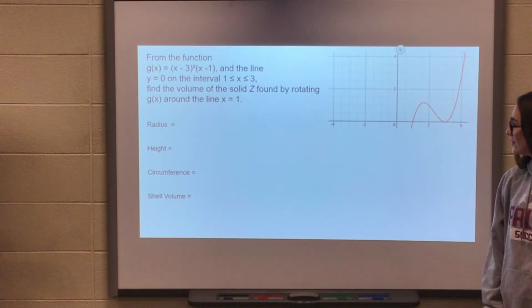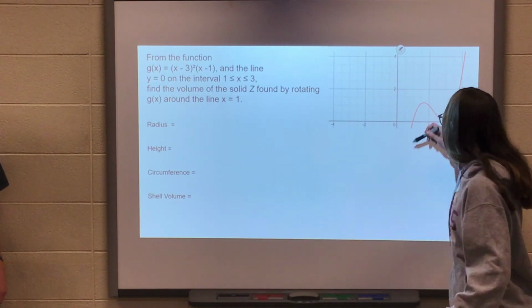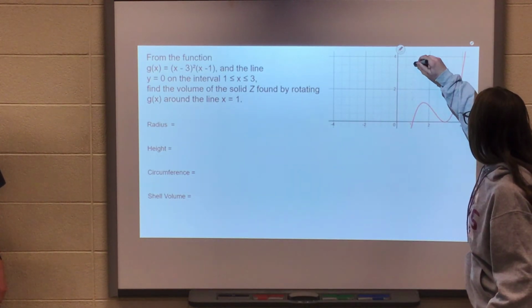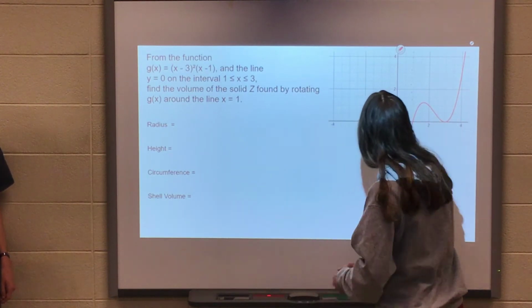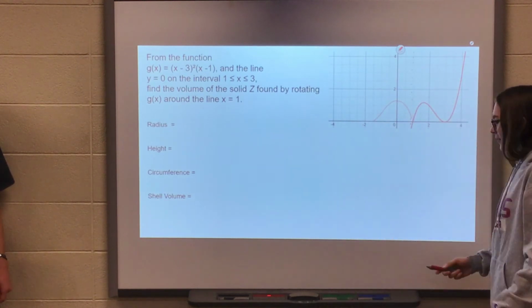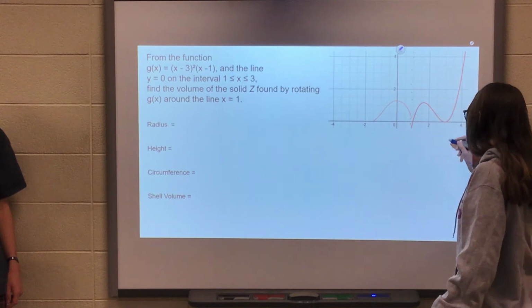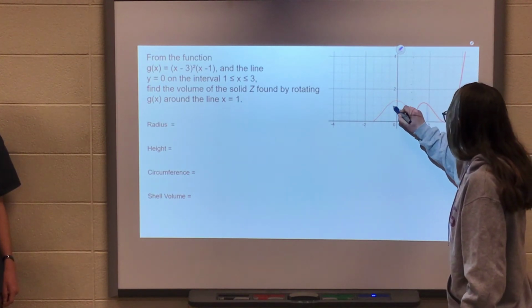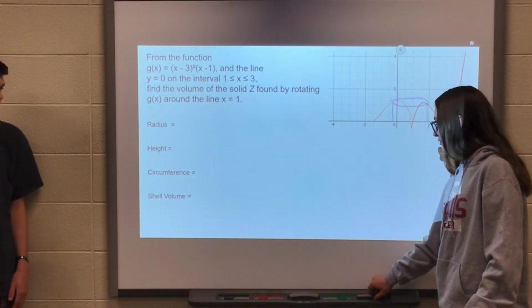Okay, so for this function, we're rotating it around the x equals 1 line. So we gotta draw it overlapping like this. So first you're gonna draw the cylinder. So we're gonna find the radius.